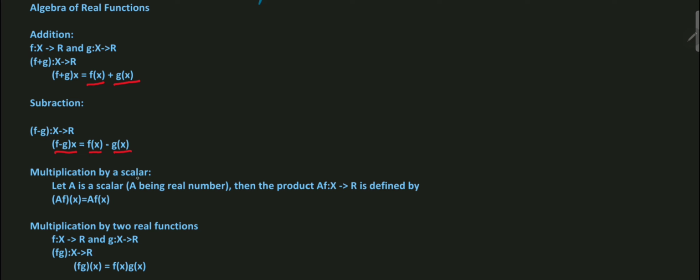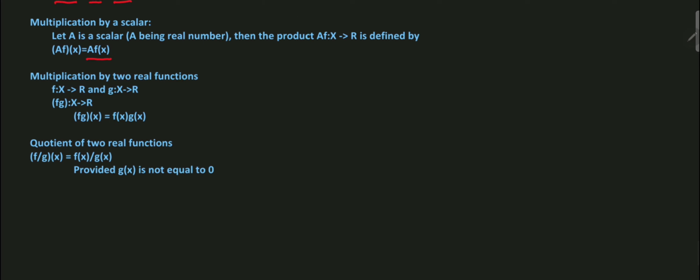Again, multiplication by a scalar. Let a be a scalar, a being a real number, then the product a times f of x is defined by simply the scalar multiplied by the function f of x.